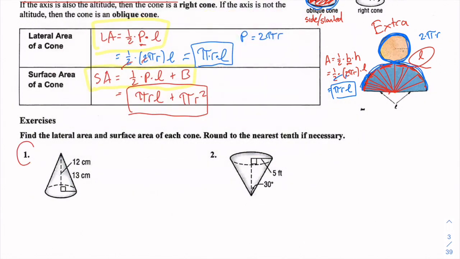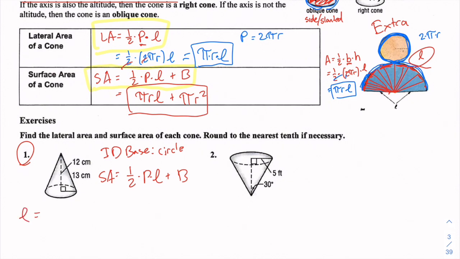Okay, cone is easy. All right, identify the base. It's a circle, yay. Surface area, still gonna be the same thing, plus the base area. Okay, do I know my slant height? Oh, I do.